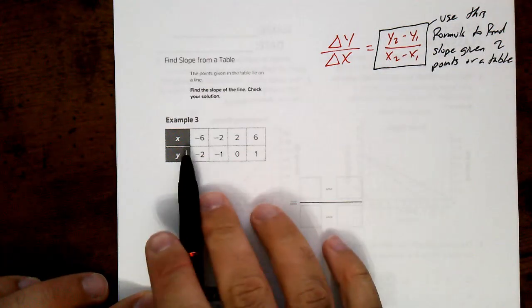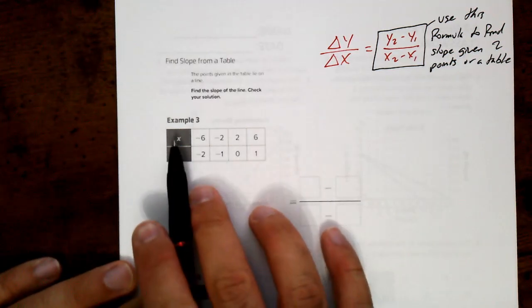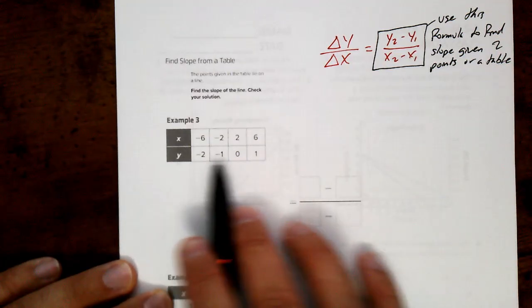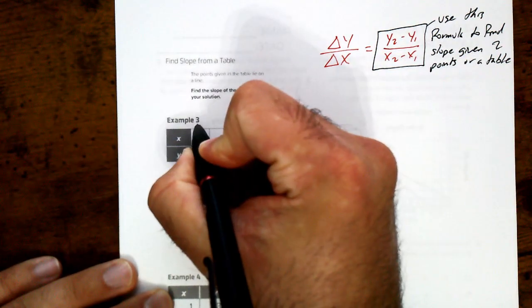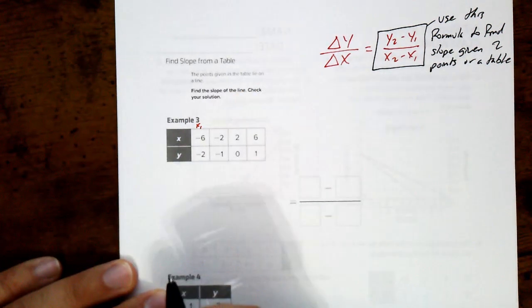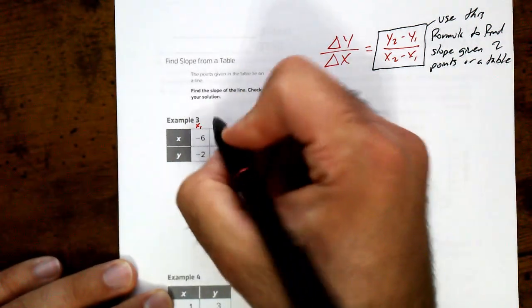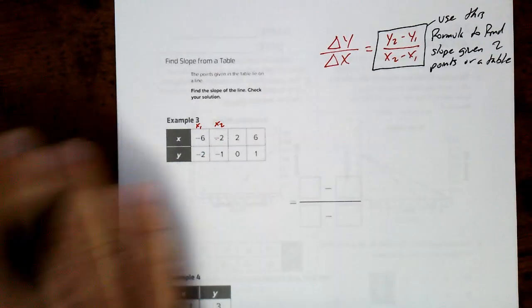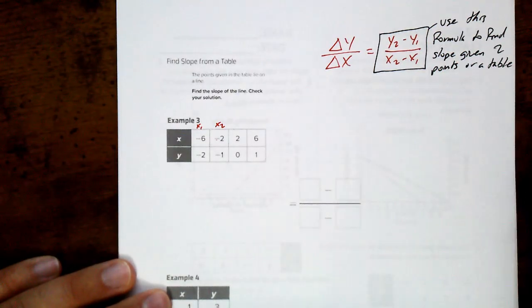Well, let's label our table. Here's all our x's. Here's all our y's. The first x is going to be x1. The second x is going to be x2. You can stop right there if you want, but I'm going to come back to it because I'm going to show you a different way of doing this that might make the numbers a little bit nicer.